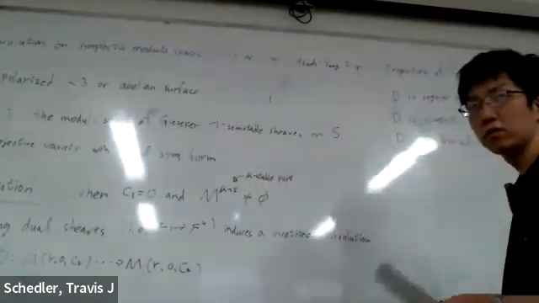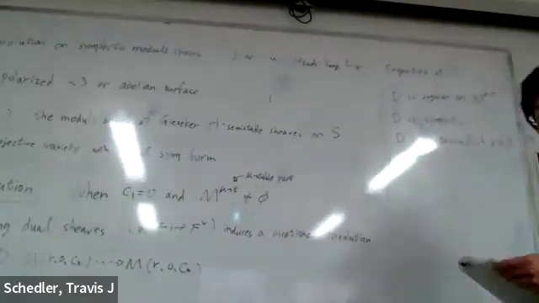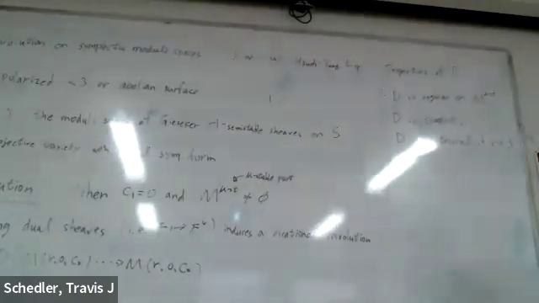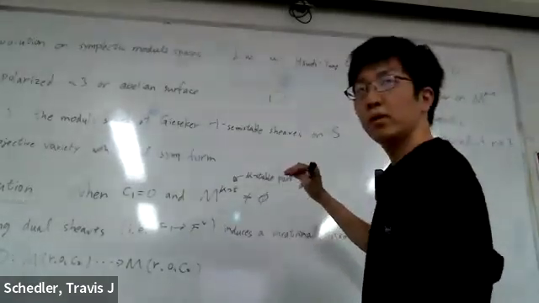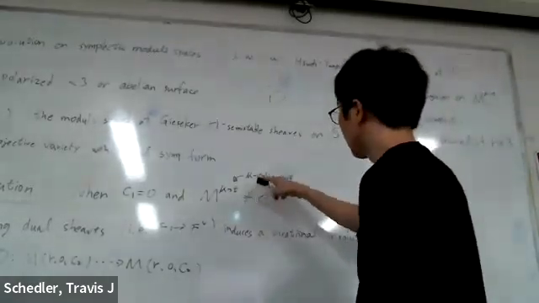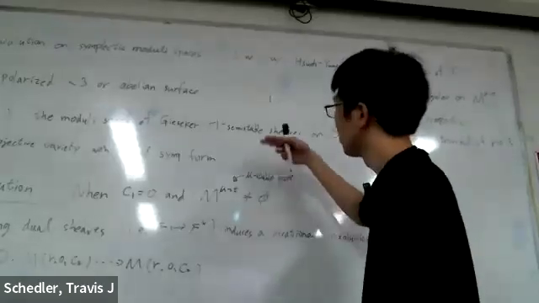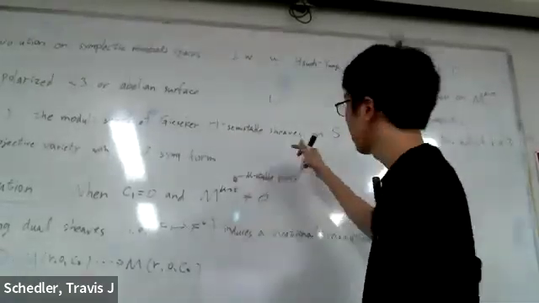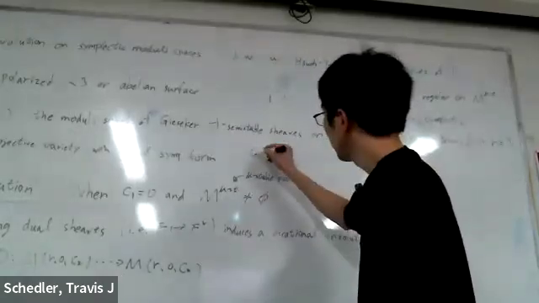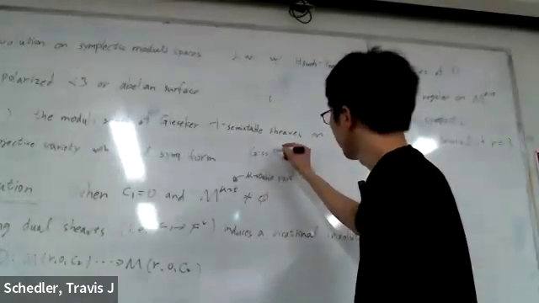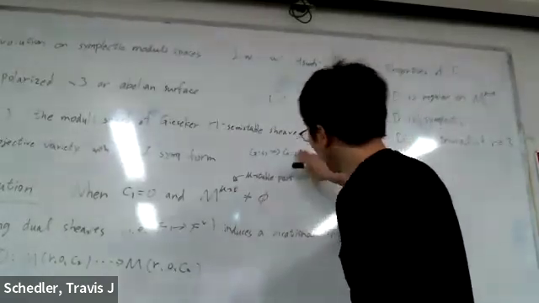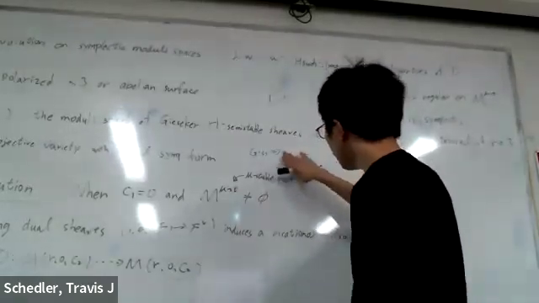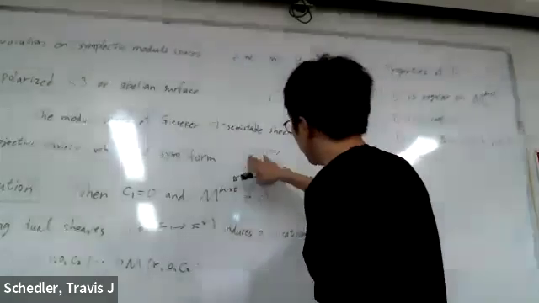So what's mu stable? It is also with respect to the chosen polarization. In general, mu stability implies Gieseker stability.